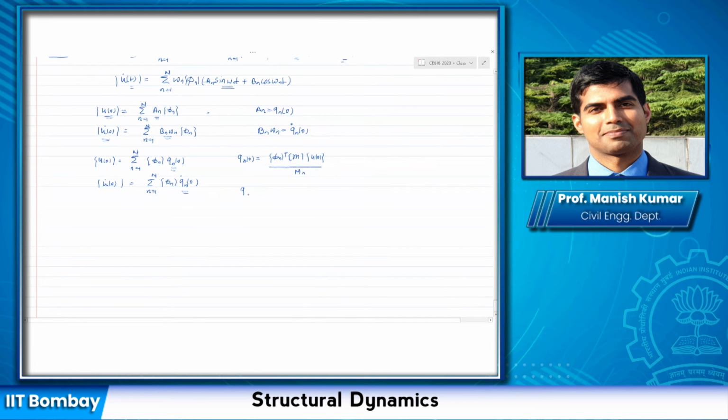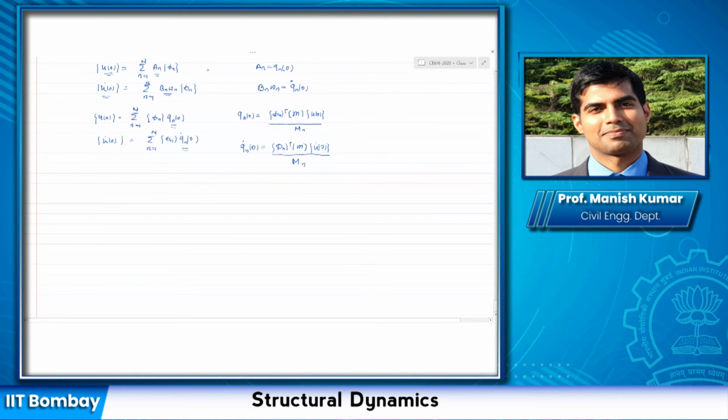Okay, qn dot 0 is phi n transpose m times u dot 0, that vector u, divided by m. And in terms of, let us remember, q and t was nothing but what? An cos omega nt plus bn sin omega nt.